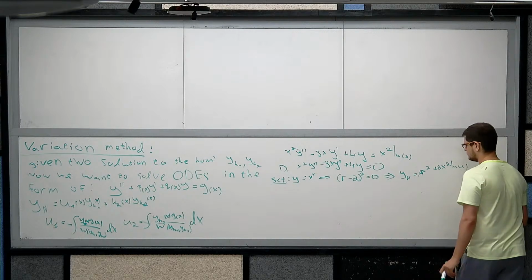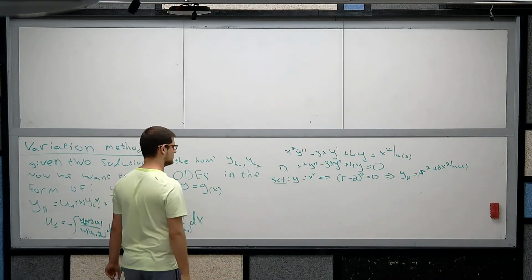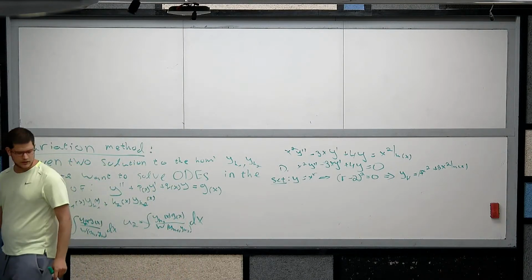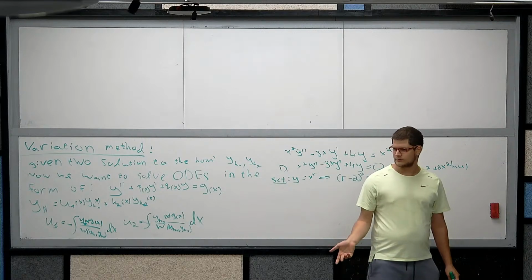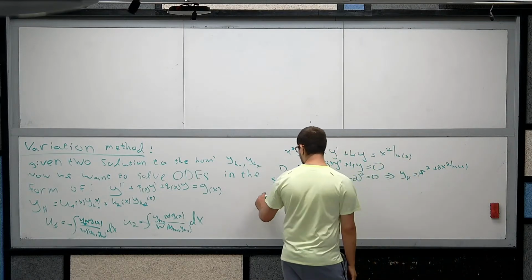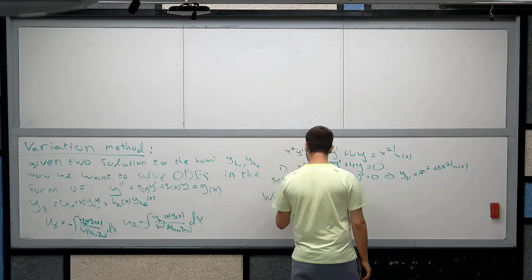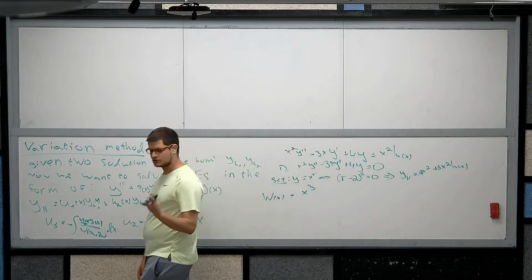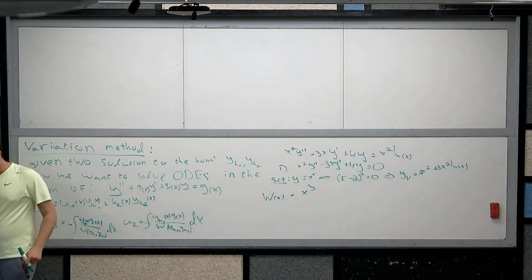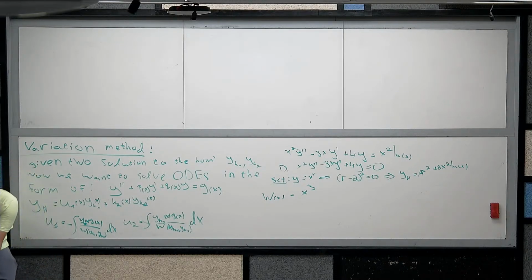Okay. So we found the solution. Now we have two solutions. You can check that the Wronskian is not equal to 0. And I will tell you the Wronskian is actually x to the third. Someone can check that. It will be great. Yes.